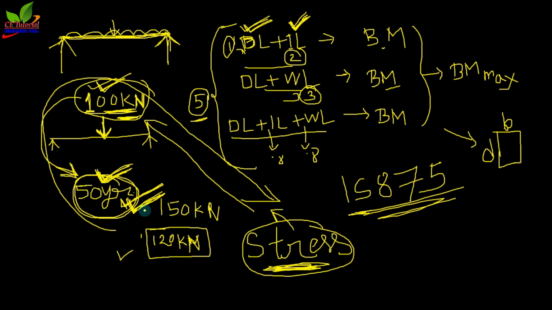So this service lifespan indicates the working condition. After 50 years, we have to assume that the structure will collapse, or the structure is not capable of carrying any load. So this 50 year is our working lifespan, I should say.